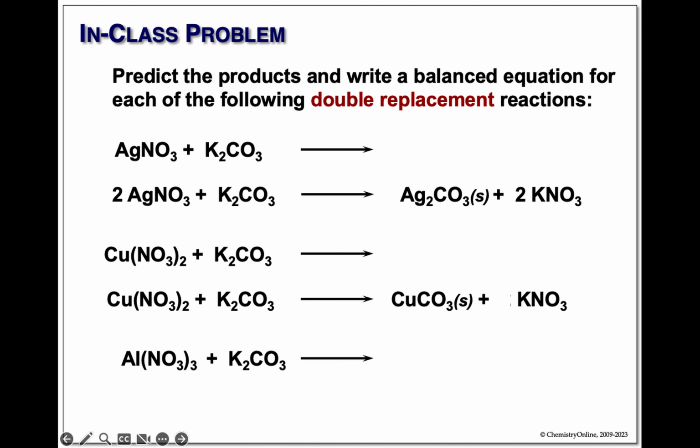One copper, 1 copper. 1 carbonate, 1 carbonate. We have only 1 potassium. Have 2 here, let's double that. That gives us 2 nitrates, 2 nitrates. I think we're done.